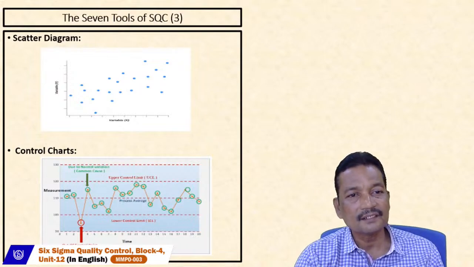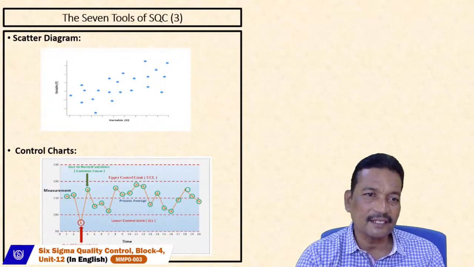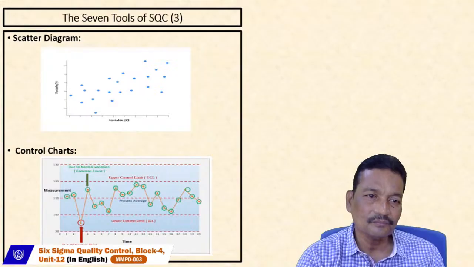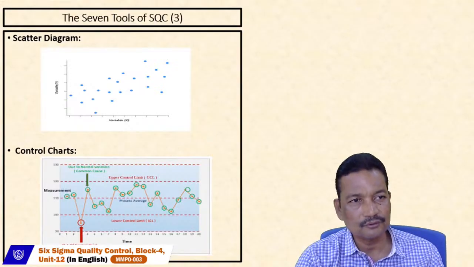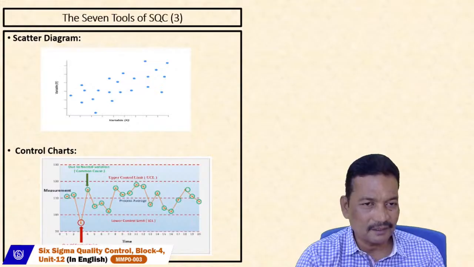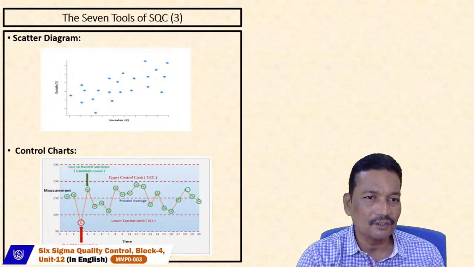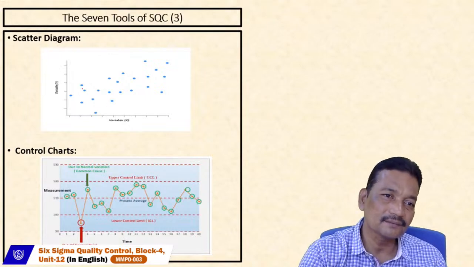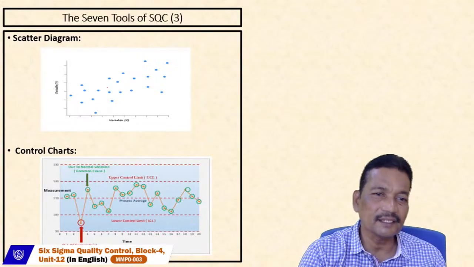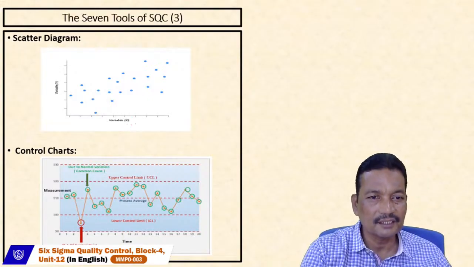Another one is the scattered diagram. Now in this scattered diagram, we take two things, suppose age of the machinery and the length or average length of the items produced. So different things will come out which we can plot as these points in a 2D graph. Suppose in the x-axis we can take average age.